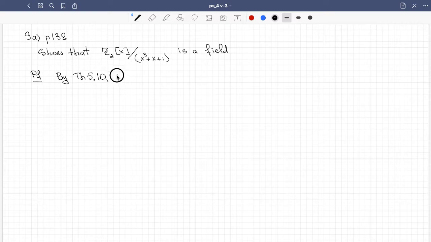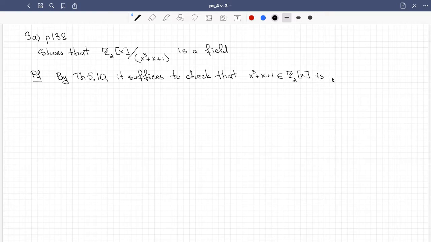It suffices to check that the polynomial x cubed plus x plus 1 as a polynomial in Z mod 2 of x is irreducible.